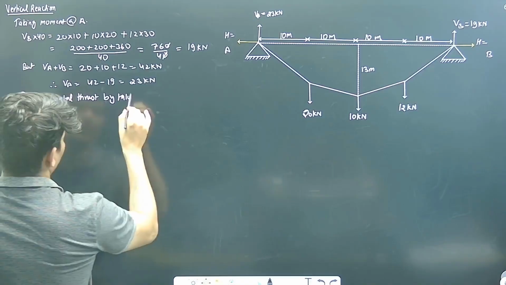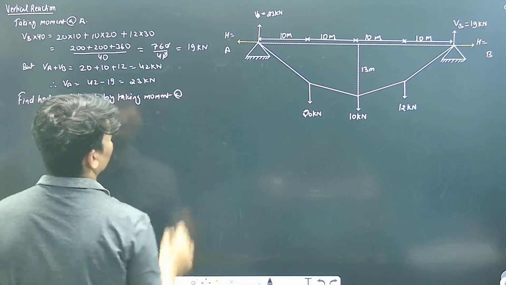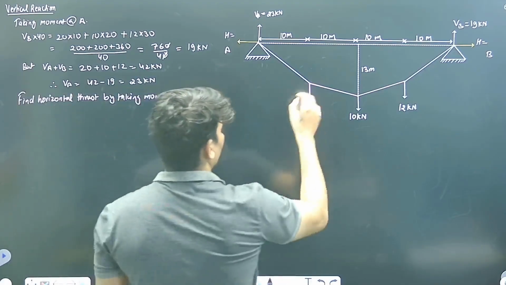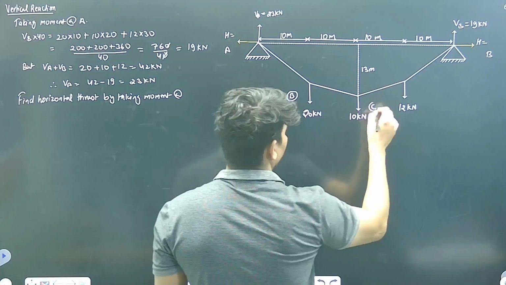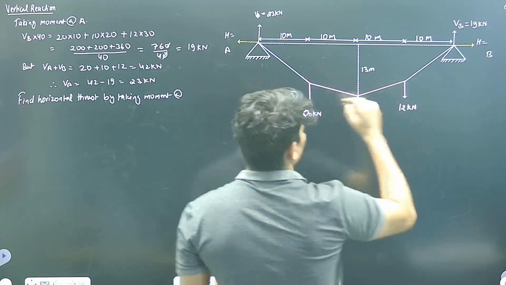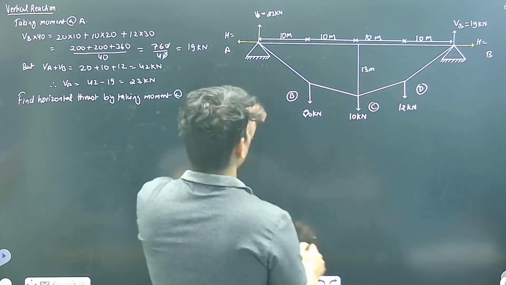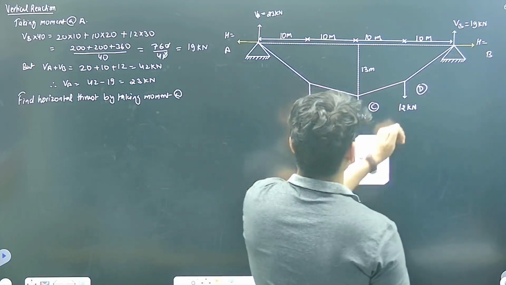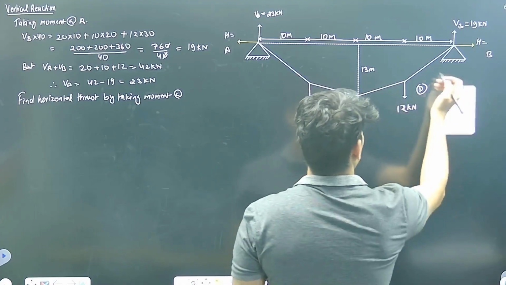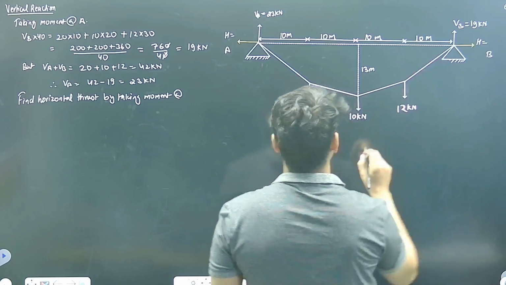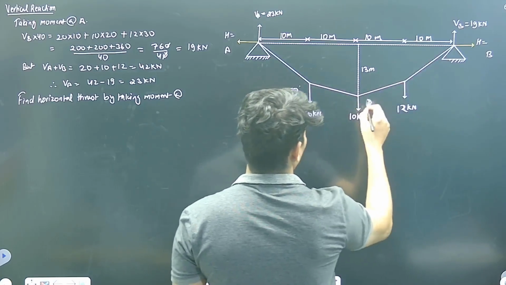By taking moment about a point. Let us name the points: this is B, this is C, A B C, it's D and E. Oh sorry, D is already taken. So if B is taken, then it's D, E.